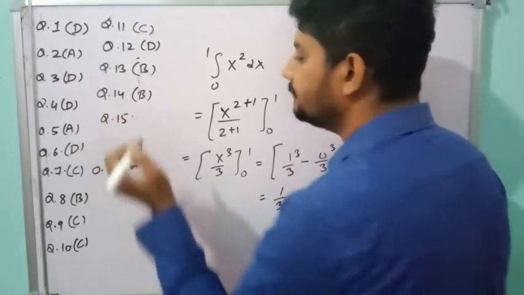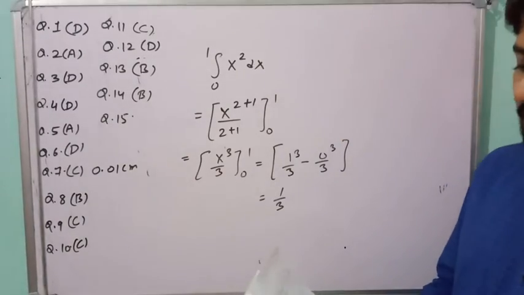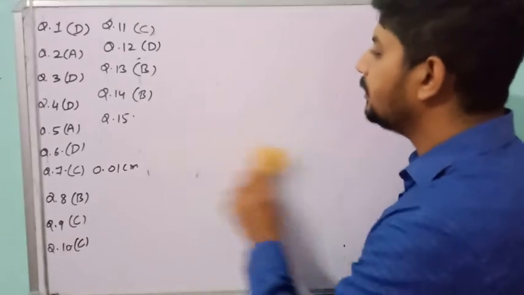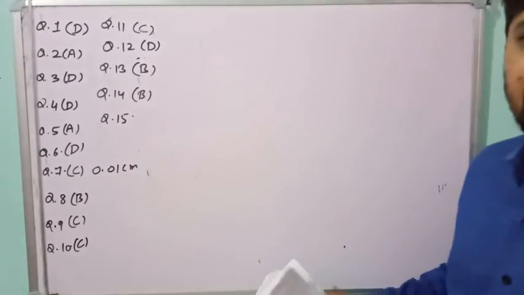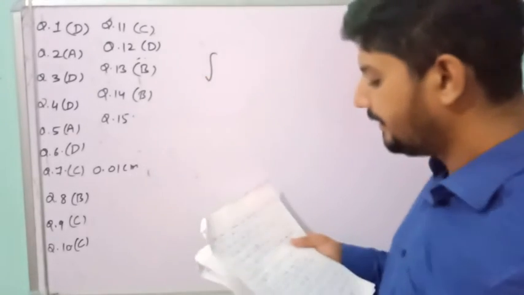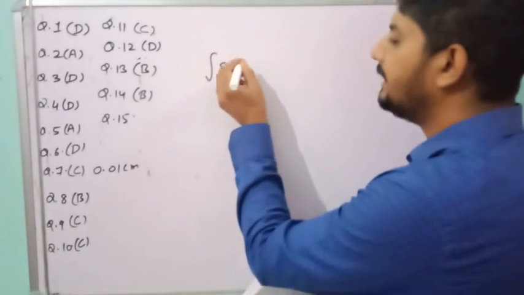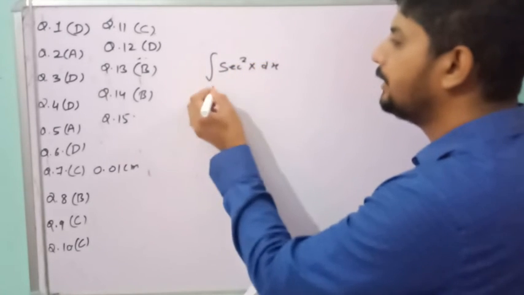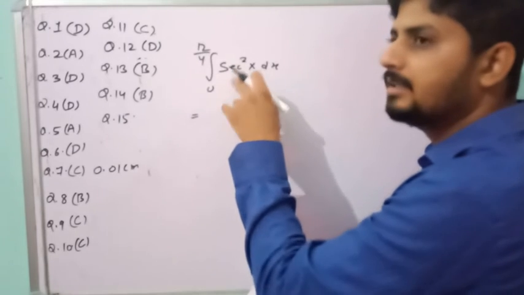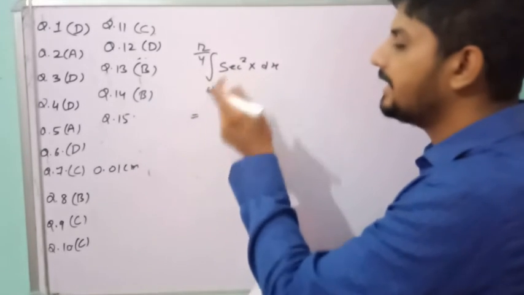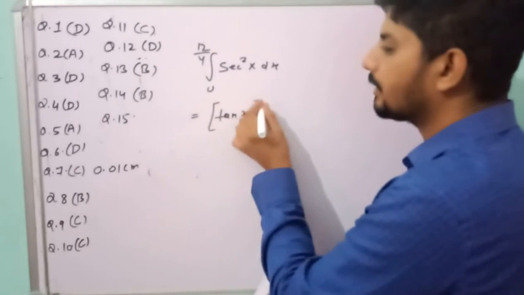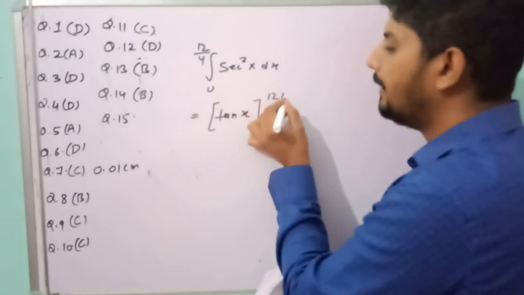Question number 15. Again you have been asked the integration of secant square x. You already know that the differentiation of tan x is secant square x. So integration is just the opposite of differentiation. So if you want to find the integration of secant square x from 0 to pi by 4, it is going to give you tan x as the answer, with limits 0 to pi by 4.